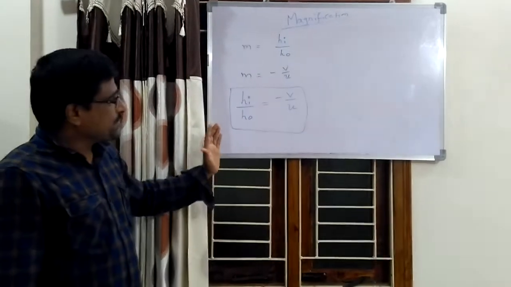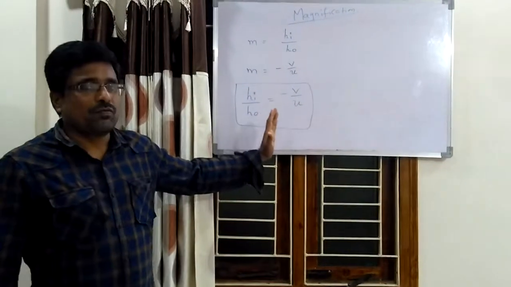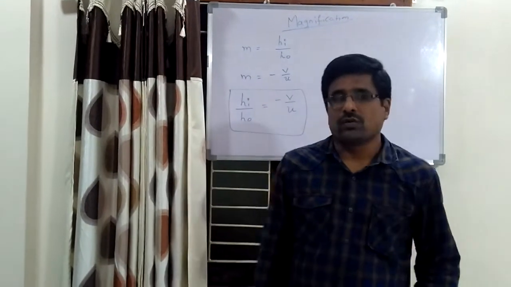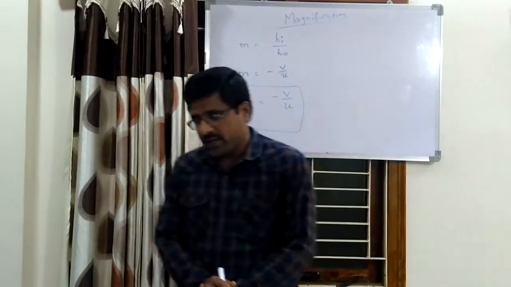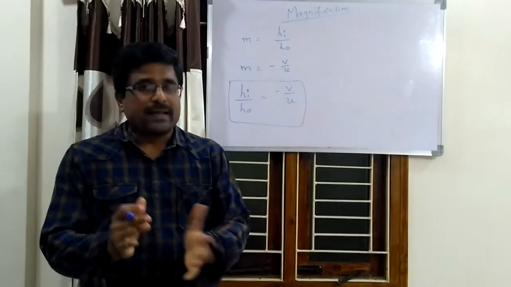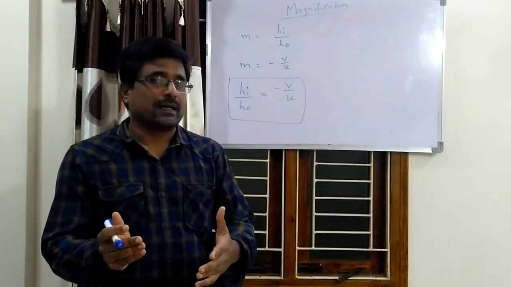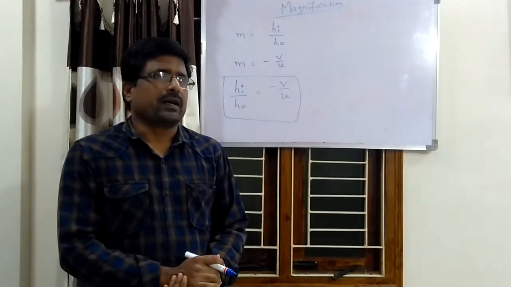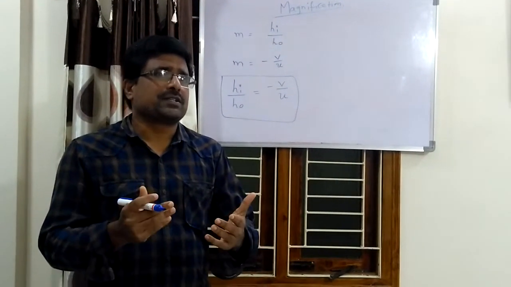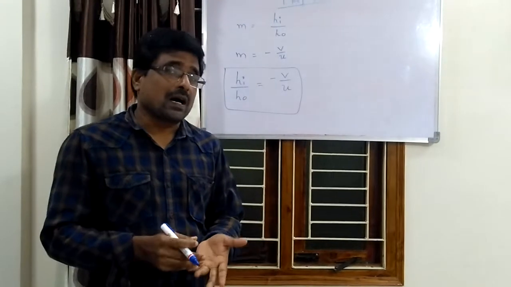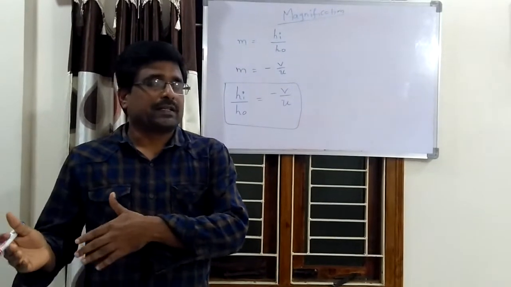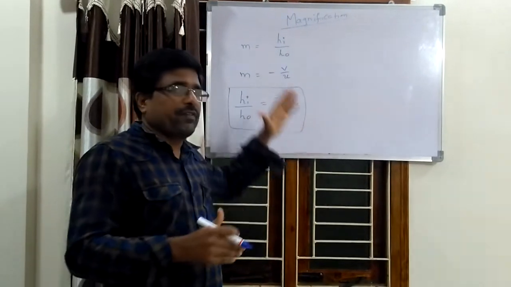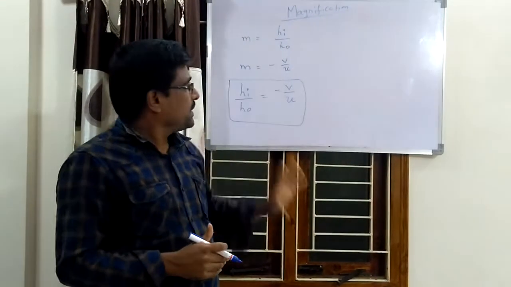Here, if you see this equation, the magnification gives us information about how the image size compares to the object size: is the image larger than the object or smaller than the object?